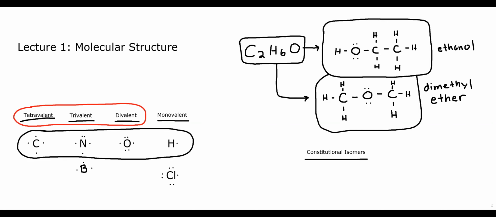So you might see the term constitutional isomers or structural isomers. Both of these terms simply mean same formula, but different connectivity, a different structure. So these are 2 constitutional isomers that we can draw from the molecular formula C2H6O.